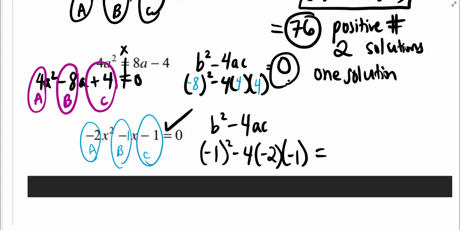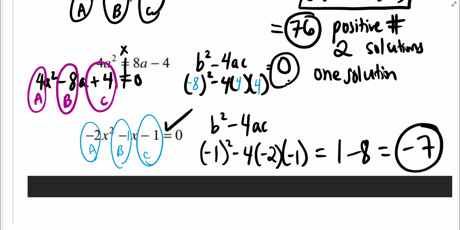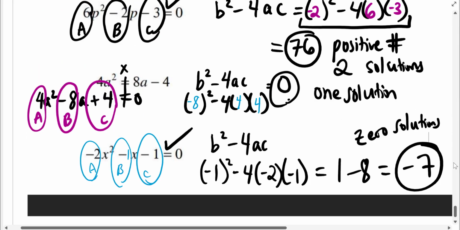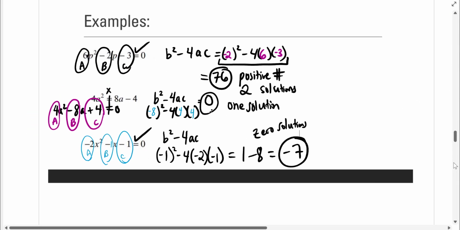I'll do it by hand. Negative 1 squared is 1. And then we have negative 4 times negative 2 is positive 8, times negative 1 would be negative 8, which would be negative 7. So the answer should be that it's negative 7. But remember, negative numbers means that there are 0 solutions, that the graph does not touch the x-axis. All right, good luck on the exam.